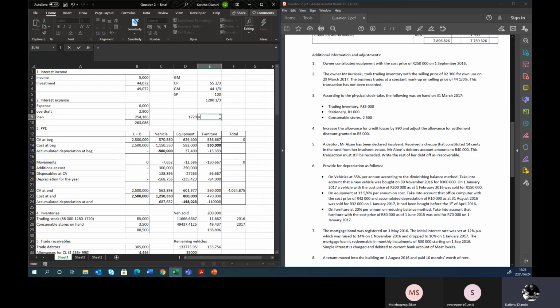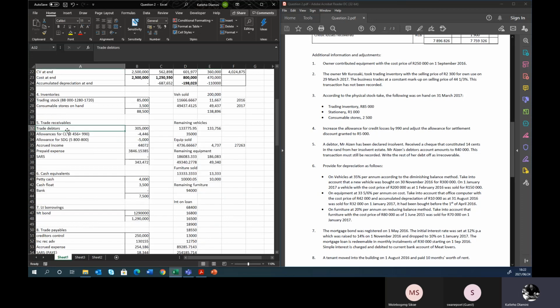So if I say equals 40,000 multiplied by 14%, I get 5,600 that he's going to be paying us. Then if I subtract that from 40,000, this is how much he is not able to pay us. That's how much is going to be credit losses. I'm going to have to subtract both amounts from my debtors control, because in my books he owes me money.